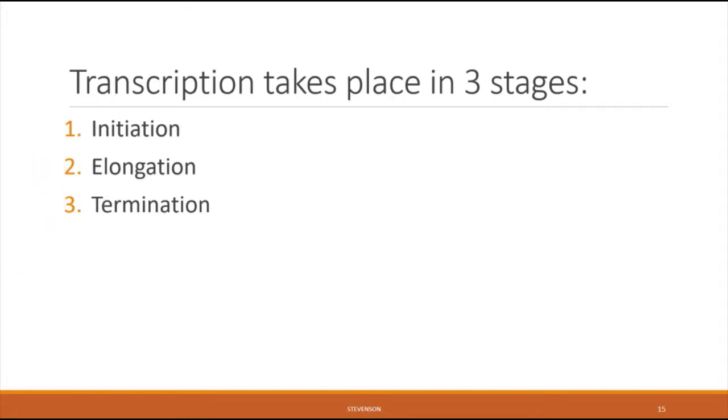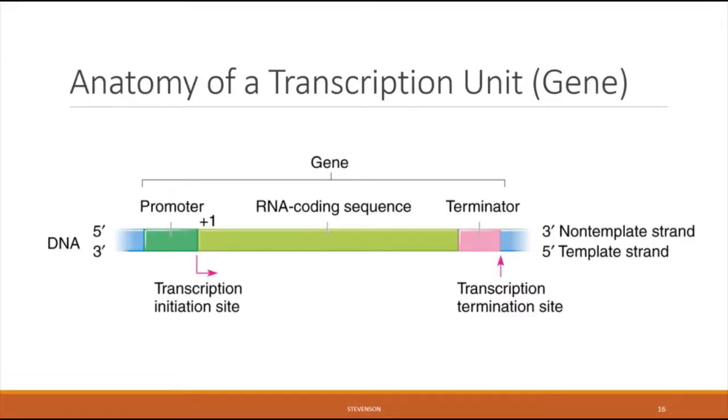Before we look at how this works, let's take a look at a gene and its internal parts, because a gene is a little bit more complex than simply a recipe. There are actually different internal parts to a gene. The gene includes, in addition to the recipe, which is shown here in this lime green color, a promoter, which comes at the beginning of the gene, and a terminator, which comes at the end.